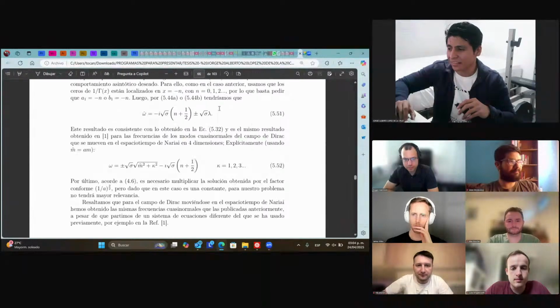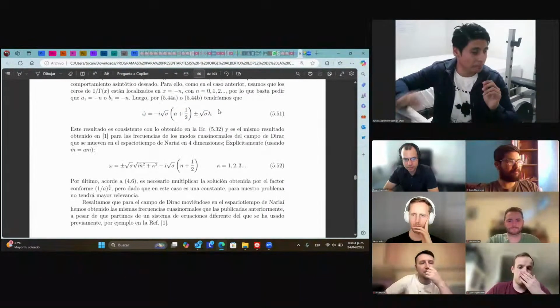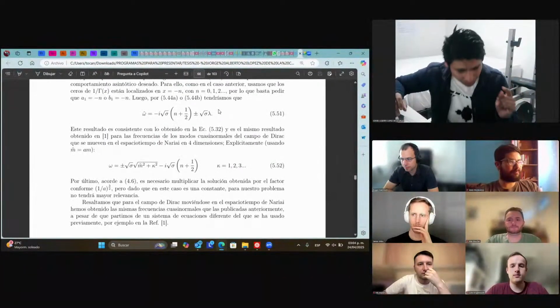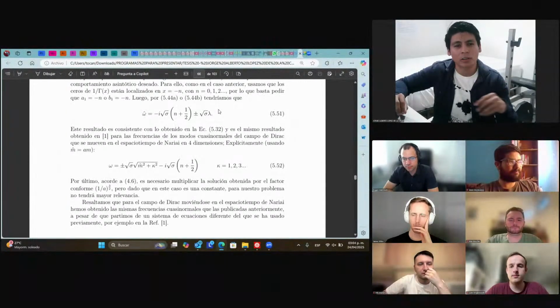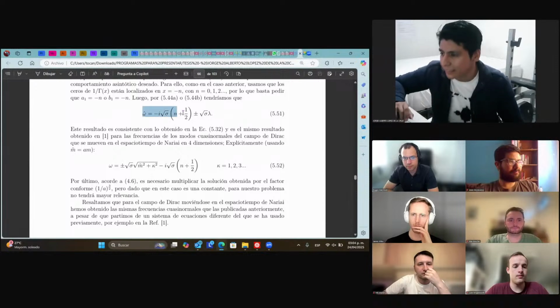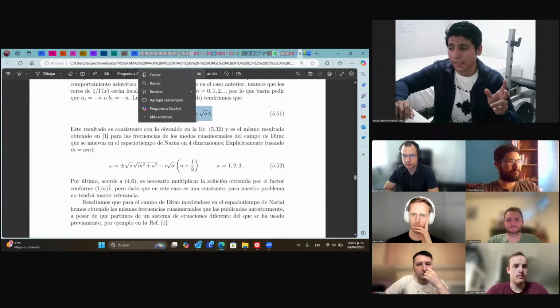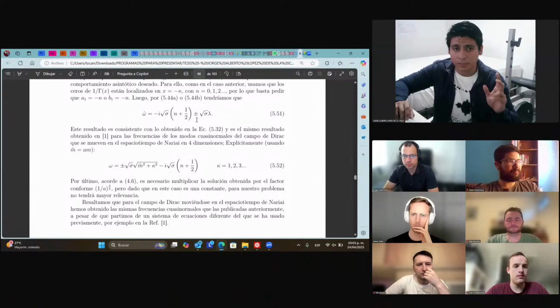This answer gives what are called the frequencies of the quasi-normal modes of the spacetime. It's not important, but this answer is compatible with the reported literature. This is a correct answer with another methodology.